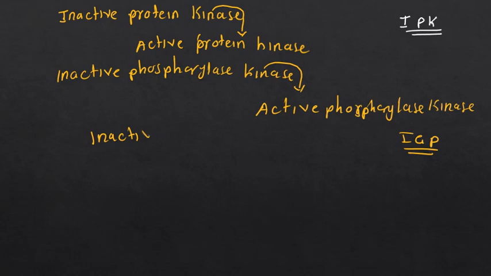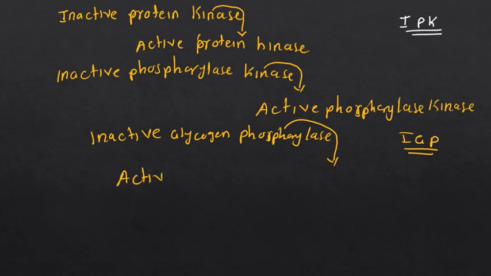Inactive glycogen phosphorylase is converted to its active form, active glycogen phosphorylase.